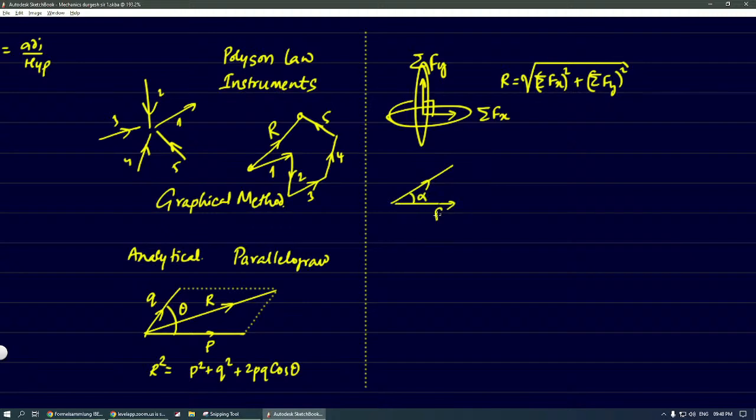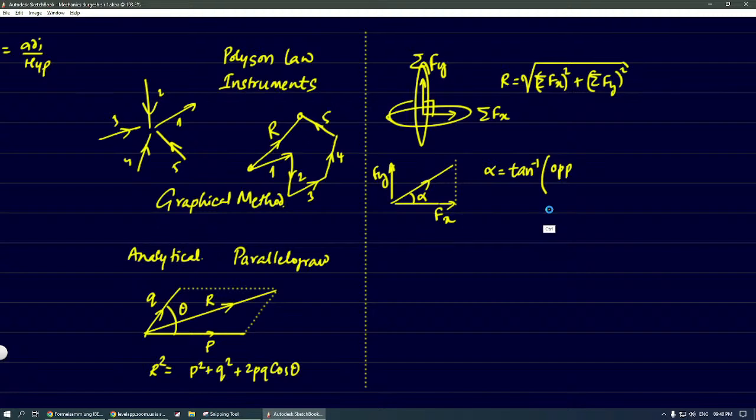For direction, we have to find its angle with the horizontal. The horizontal component is Fx, the vertical component is Fy. So how to find alpha? Alpha will be tan inverse of opposite by adjacent.